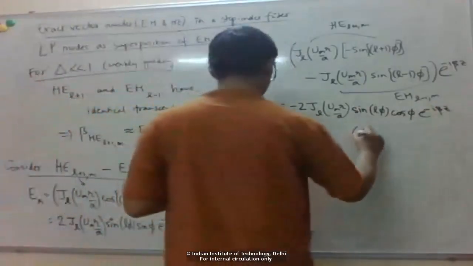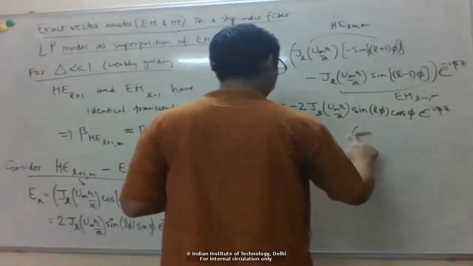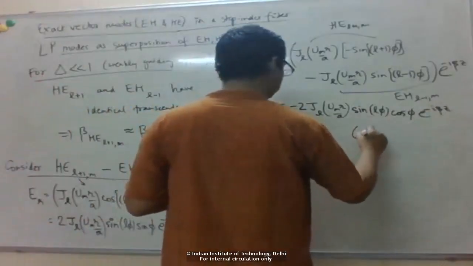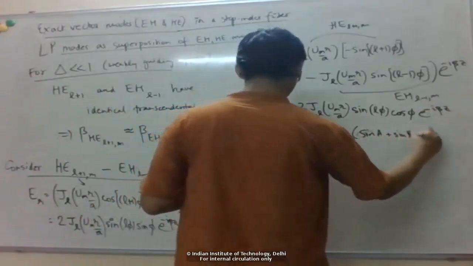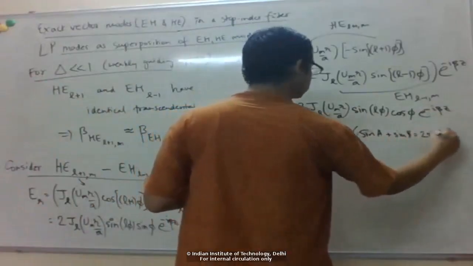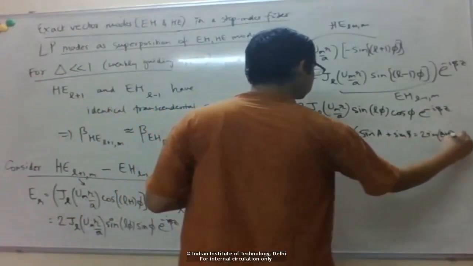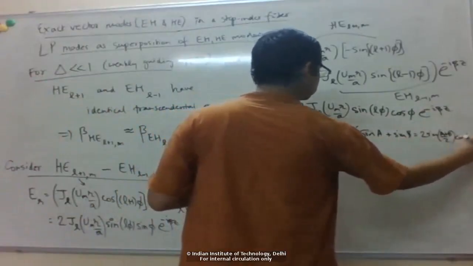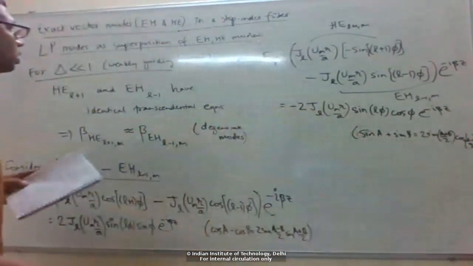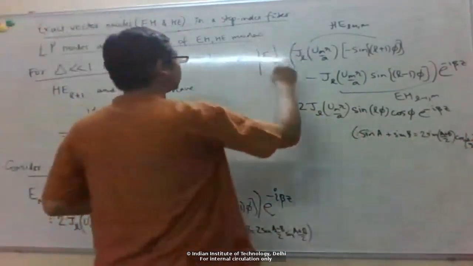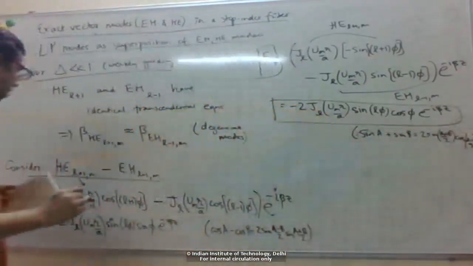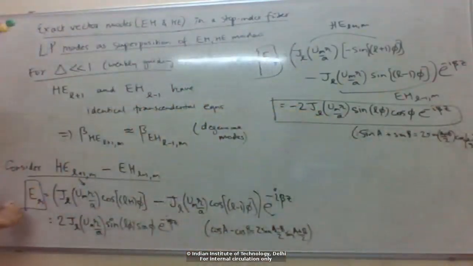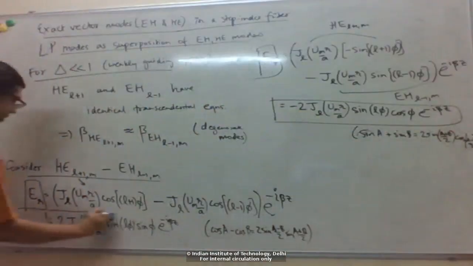Again we used sine A plus sine B, that identity. So we now have E phi, which looks like this, and ER, which looks like this.